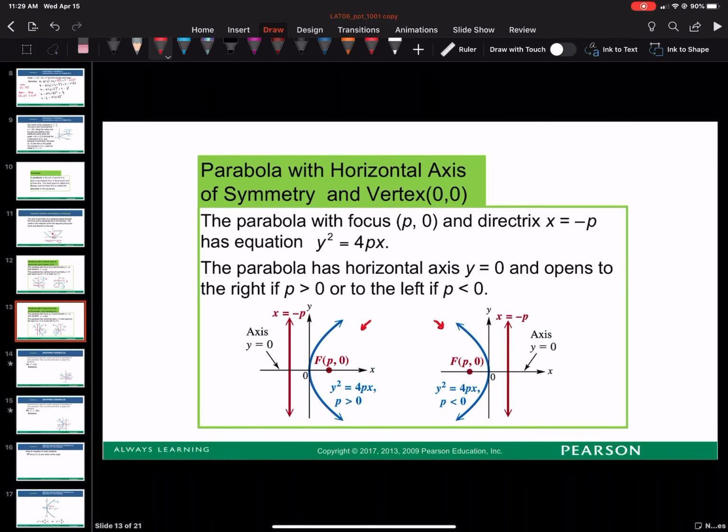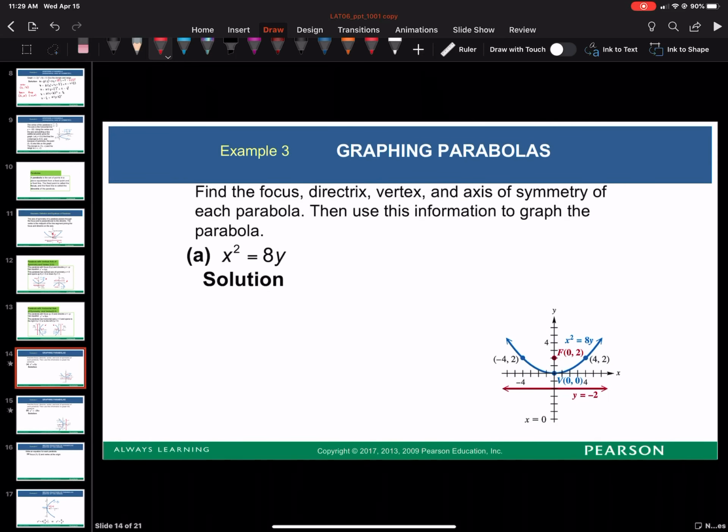Now, what you will first have to do is figure out what you have and what you're going to use. Is it opening up or down, or is it opening left or right? So let's look at this one. We got x squared is equal to 8 times y. It says find the focus, the directrix, the vertex, and the axis of symmetry of each parabola.